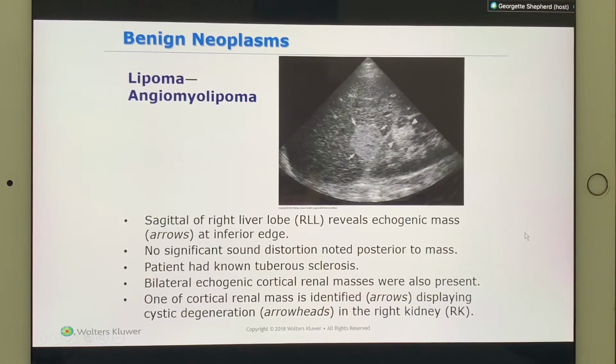Here is a lipoma or an angiomyolipoma. It's an echogenic mass. It almost looks a lot like a hemangioma. A hemangioma, though, has a smoother border on it.